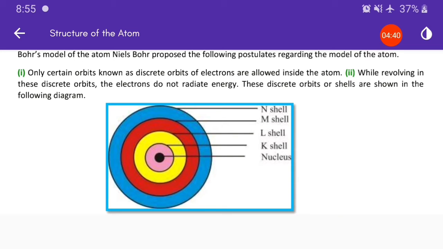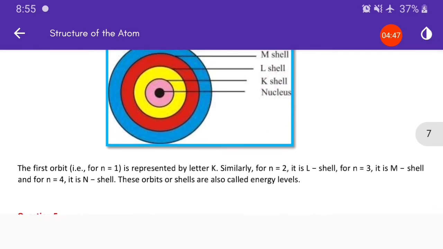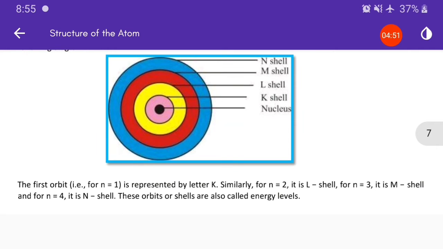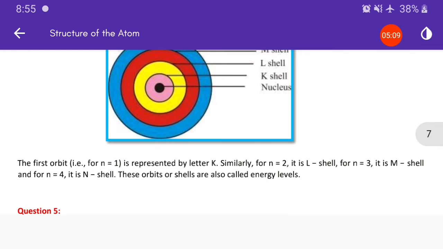These discrete orbits or shells are shown in this figure. As we know, in the center the nucleus is there, in which protons and neutrons are present, surrounded by spheres or energy levels: K shell, L shell, M shell and N shell. According to that, electrons are accommodated.